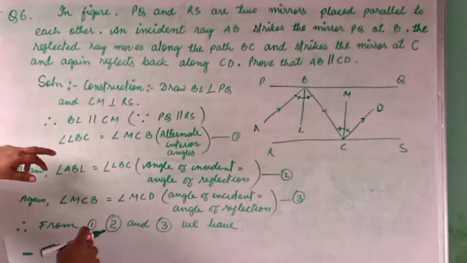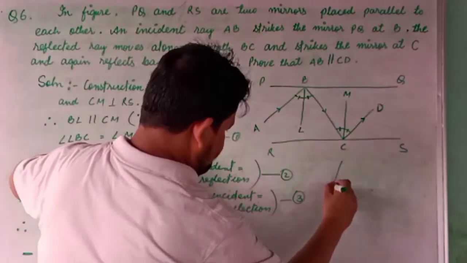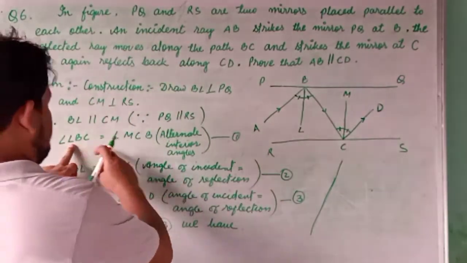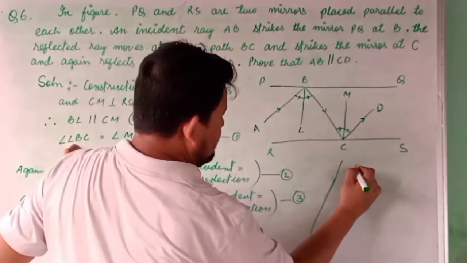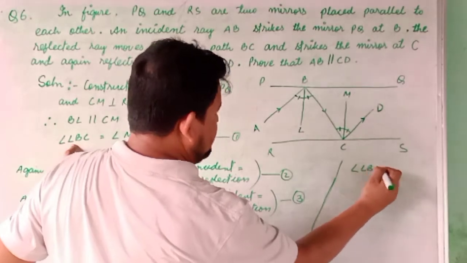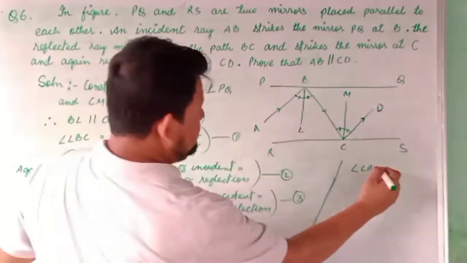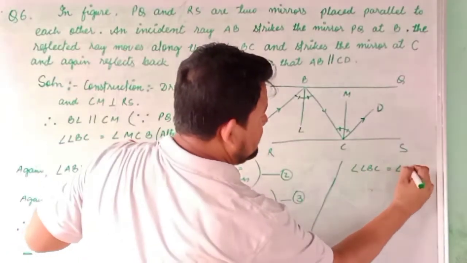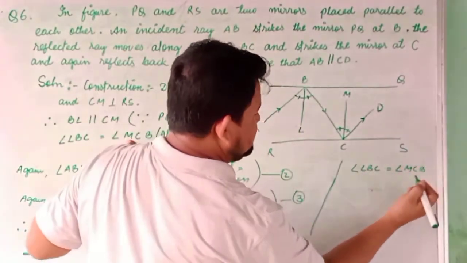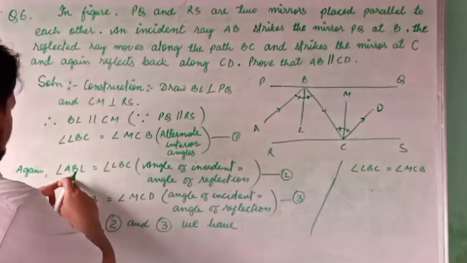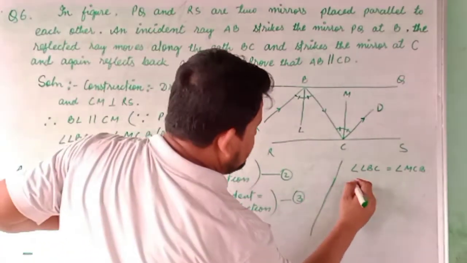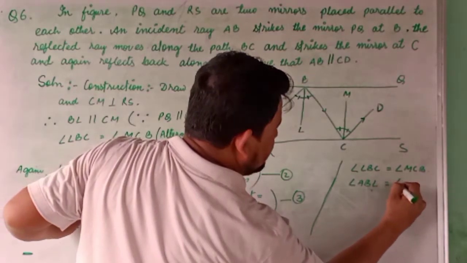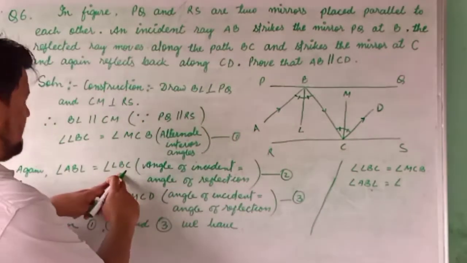So now let us check here what we have got. In number 1, angle LBC is equal to angle MCB. This is 1. Then in number 2, what we have got, ABL is equal to LBC. Here also angle ABL is equal to angle LBC.